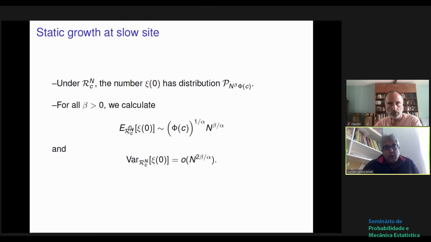So this Rn has in it the information of alpha and beta, and that's expressed, although it's not explicit here, in the Rnc.